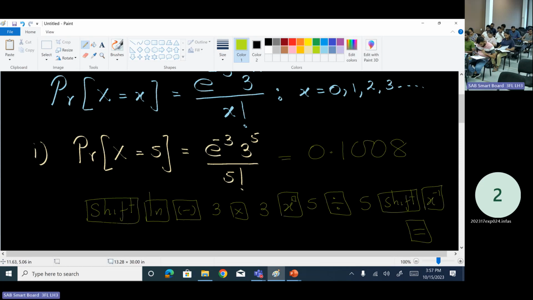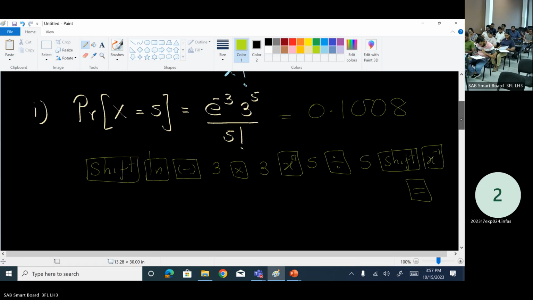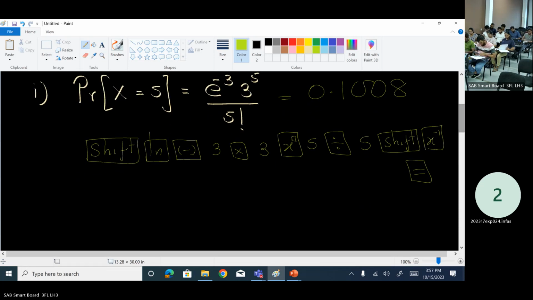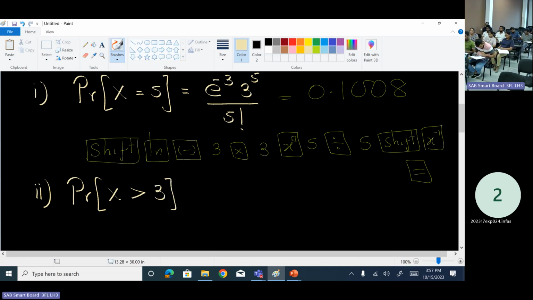So next one, more than 3. The second part, probability, number of construction projects, more than 3.